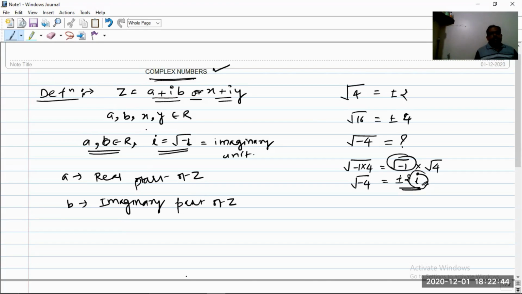So a and b are the real and imaginary parts of the given complex number. If z equal to a plus ib is a complex number, then we can say a is the real part of z, b is the imaginary part of z.